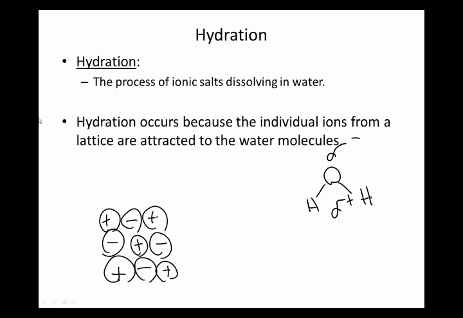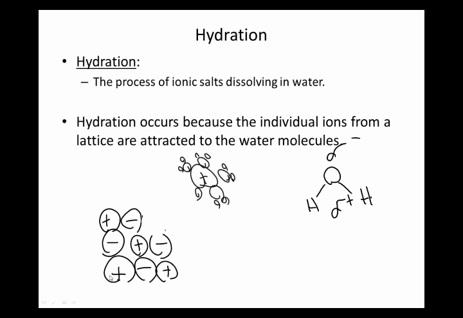Because remember, what's holding ionic compounds together is the charges. But if you get enough little water molecules hanging around, and they all point the negative ends at the positive ion, and they'll tend to do that because of the attraction, what can happen is this positive ion kicks loose and is able to be surrounded by lots of water molecules, and it's happier that way because there's more attraction.